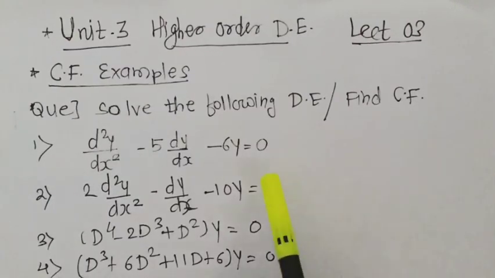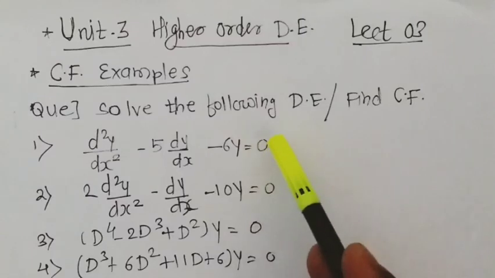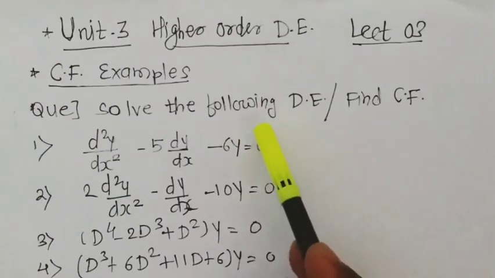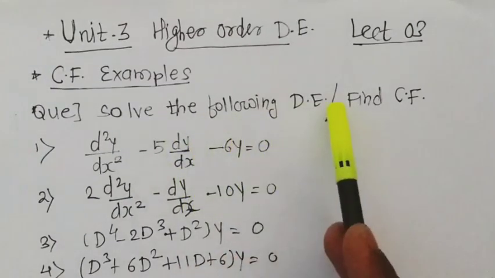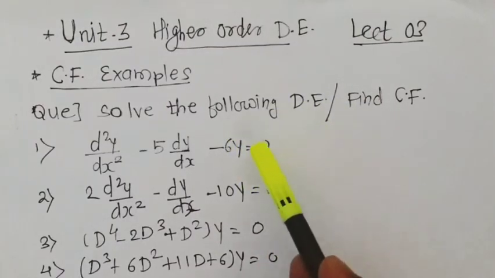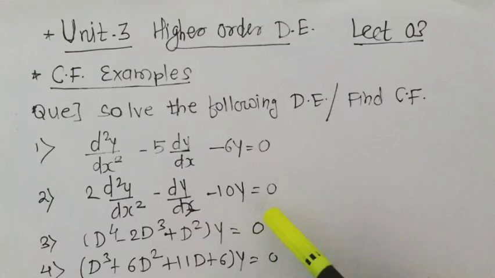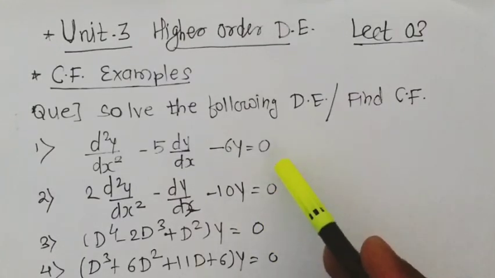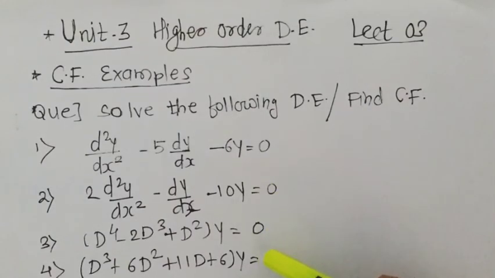Okay, so a question on the complementary function can be of this type: solve the following differential equations. Whenever the question is of the type solve the following differential equation, it means the given differential equation will be a homogeneous differential equation, because we have discussed that only a homogeneous differential equation has the complementary function as its general solution.